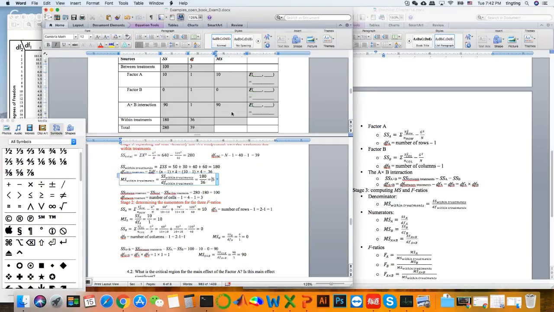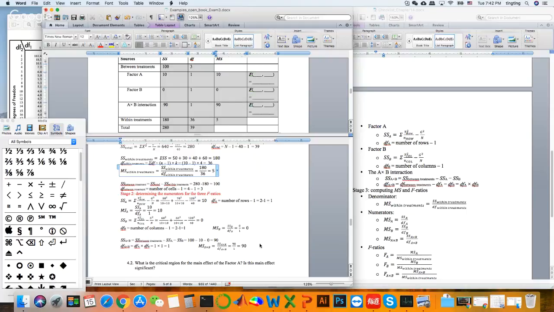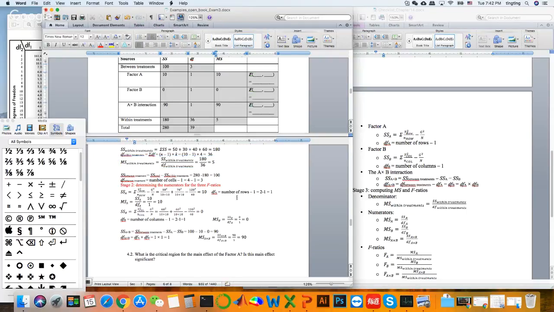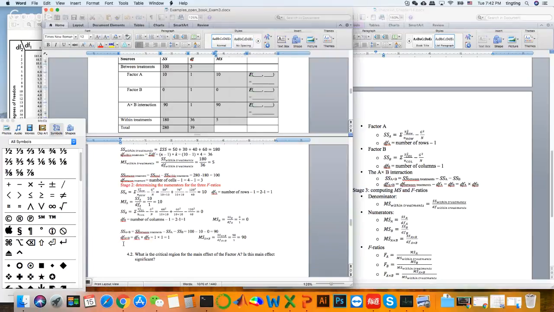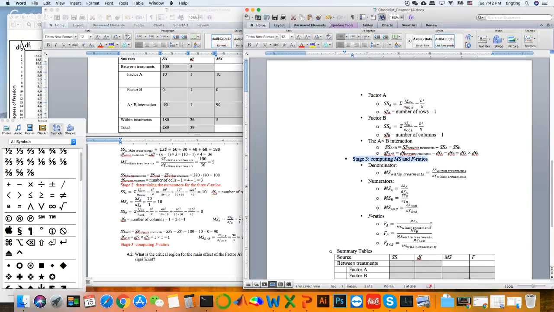And then we need to compute 3 F ratios. Very simple.